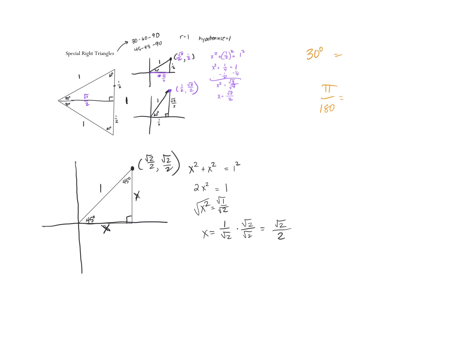So for 30 degrees, you say pi over 180 equals however many radians over 30. And then we have two fractions equal to each other. We can cross multiply. We get 30 pi equals 180x. And then divide by that 180 and get pi over 6. So 30 degrees is equal to pi over 6 radians.